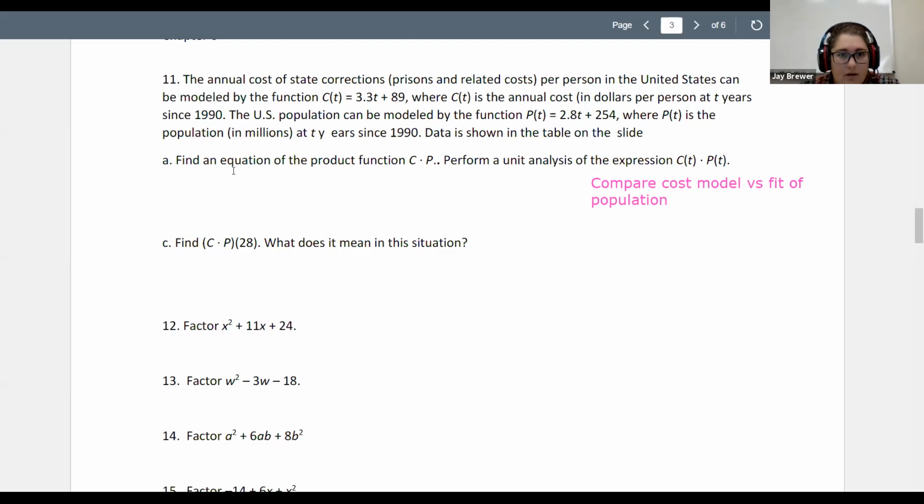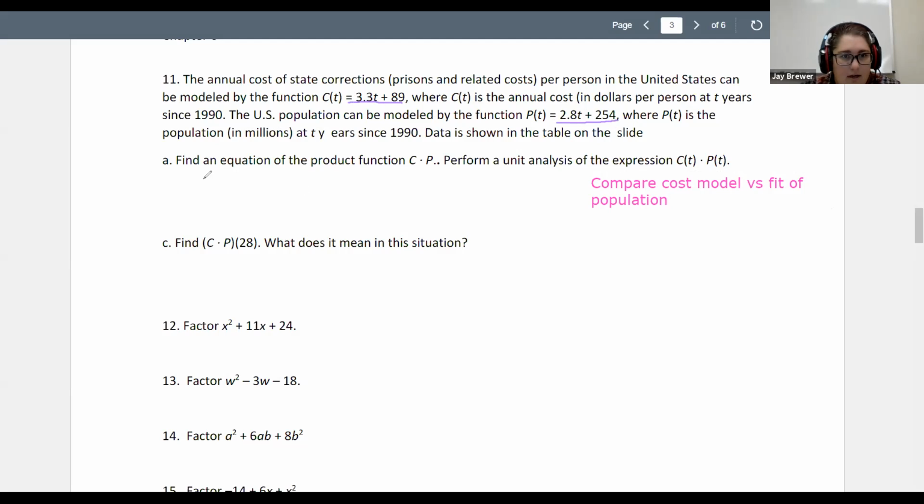And then I'm going to try to write out very nicely the answer here, which you're just taking C, which they give you, and P, which they give you, and you're multiplying.